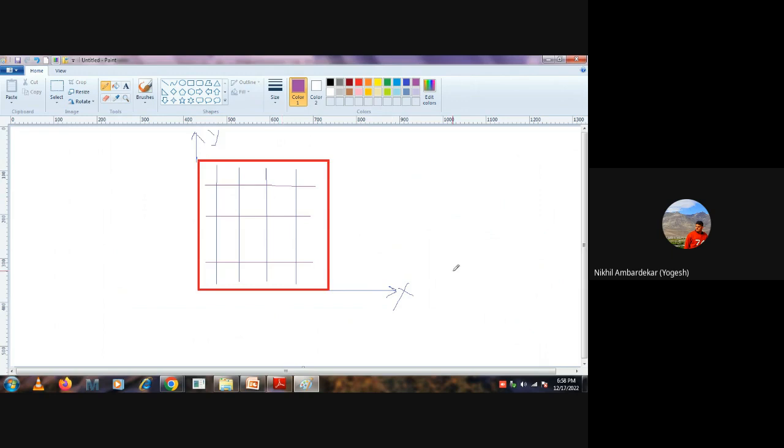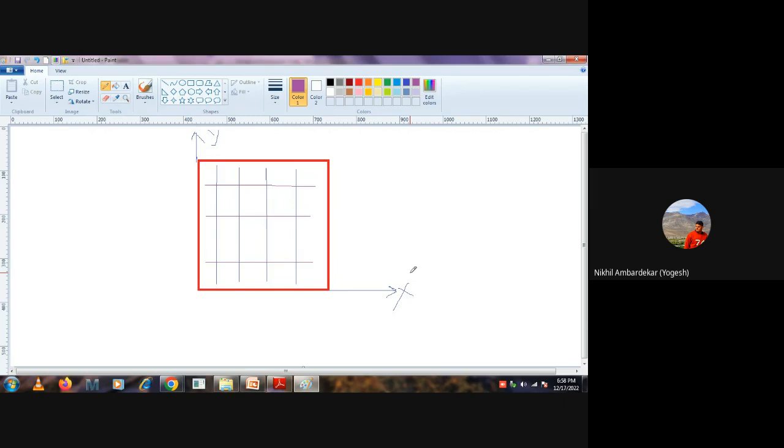Our main purpose is to find the bending moment, then the area of steel, and based on that we can find the reinforcement. Our ultimate aim is to provide the reinforcement into the wall panel. This is the X, this is the Y.